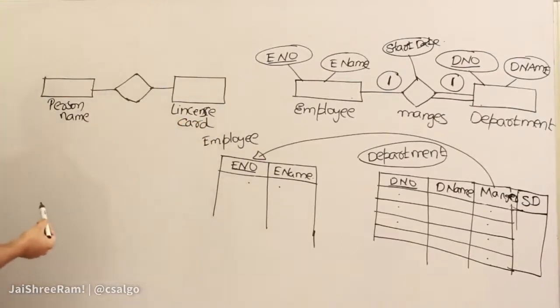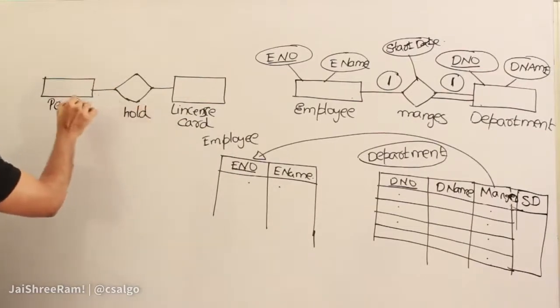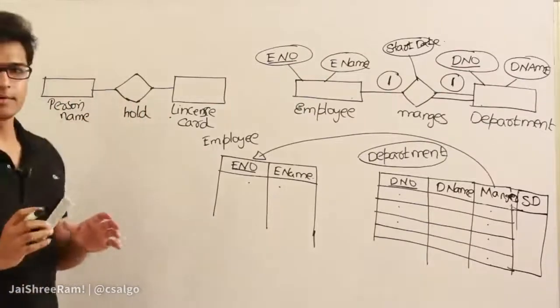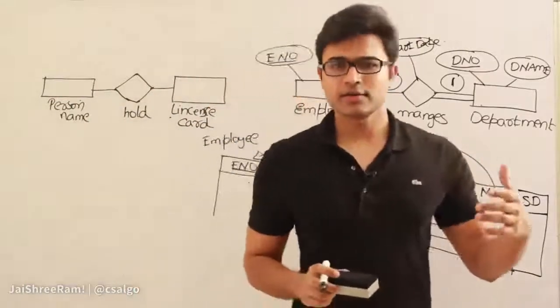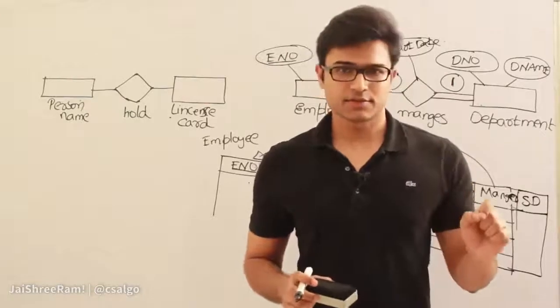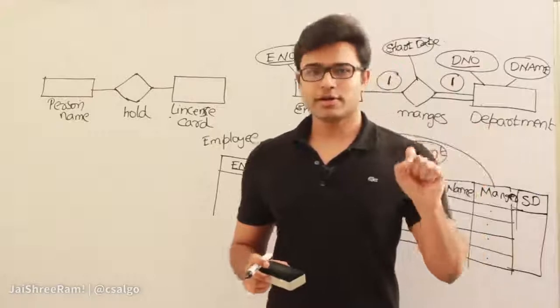Now this relationship holds, which means the person is holding a license. Let me say the semantics of this database are like this. From the requirement analysis, let us say they said that every person is supposed to have a driving license, and they are supposed to have only one driving license.